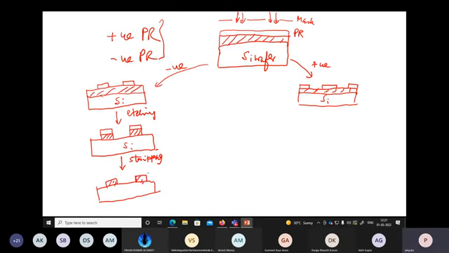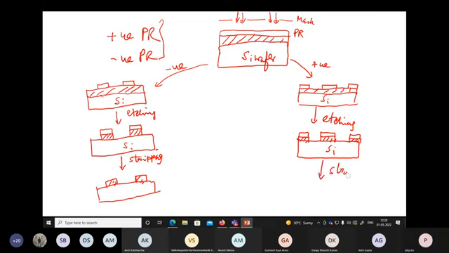So you will end up with oxide here. What about here? You etch the oxide layer, so this is oxide and this is photoresist, and then you strip or remove the resist.